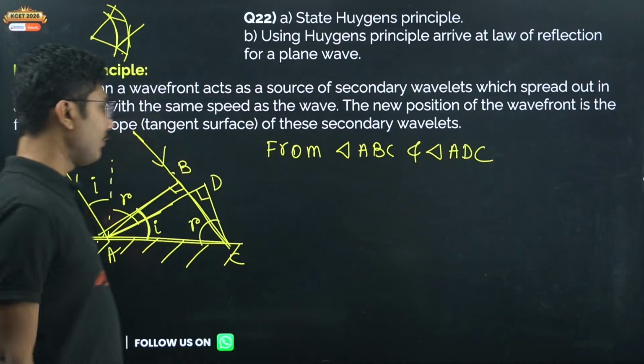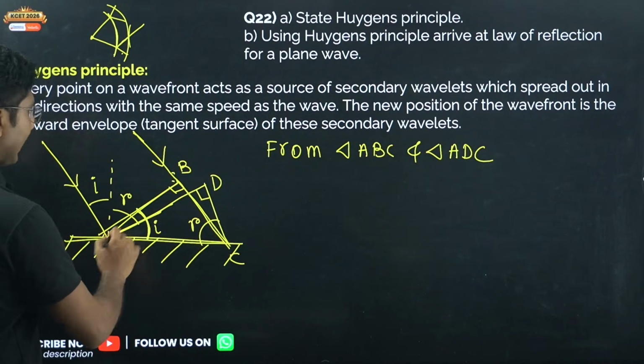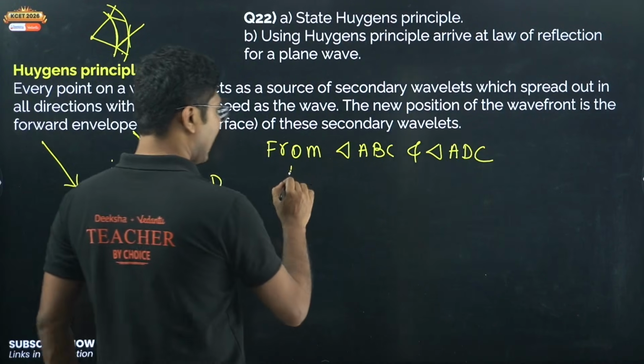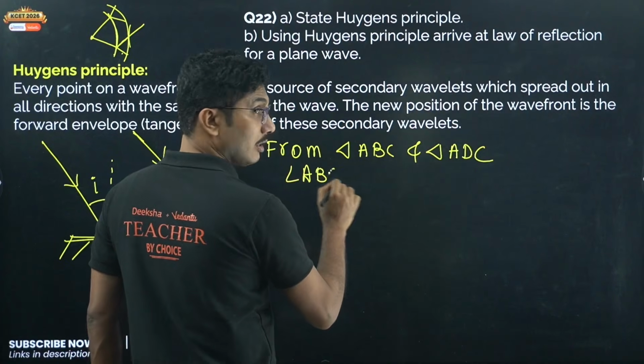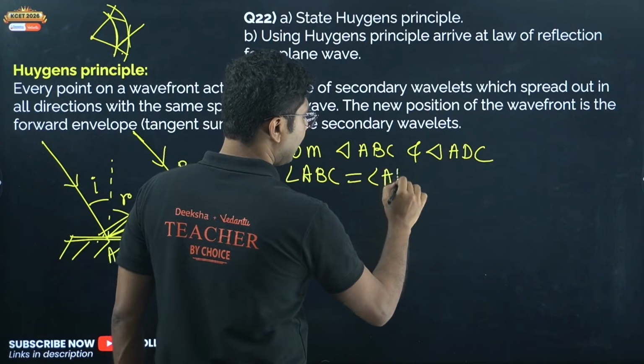Okay, these two triangles, what we can say is that first of all, ABC equals ADC. Why? Angle ABC equals angle ADC.